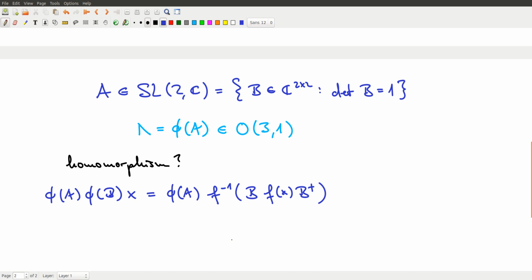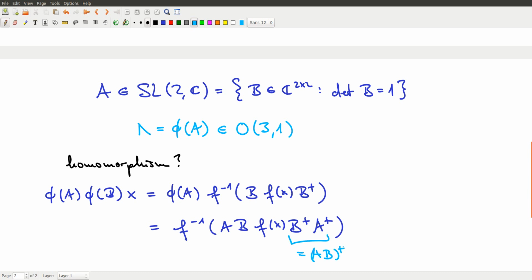And now when we apply phi of A to that, we get F inverse of A. And now comes just what we had in here. So that's a B, an F of x, a B dagger, an A dagger. But since B dagger times A dagger is just (AB) dagger, we really have phi of AB times x. So it is a homomorphism.